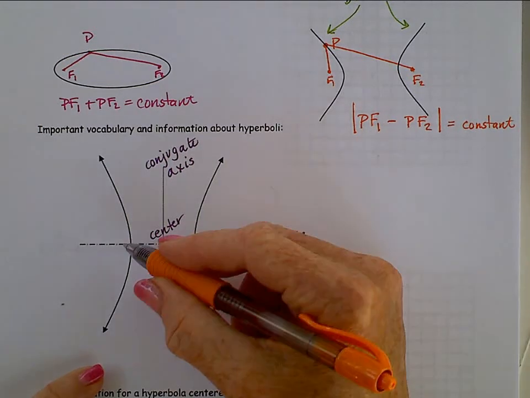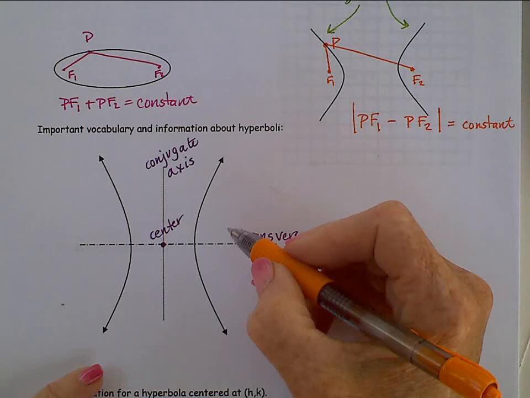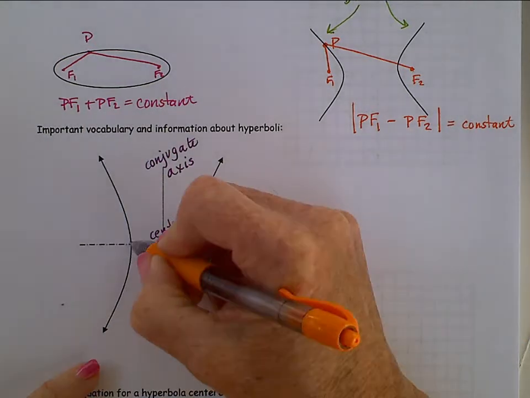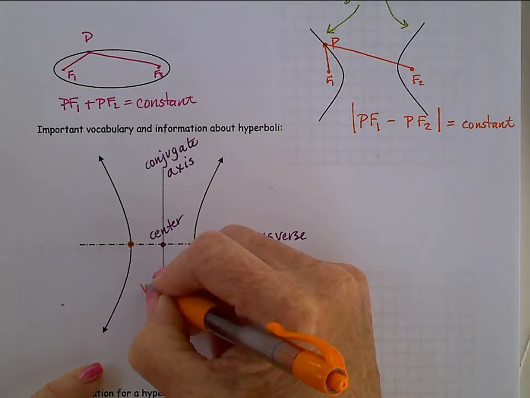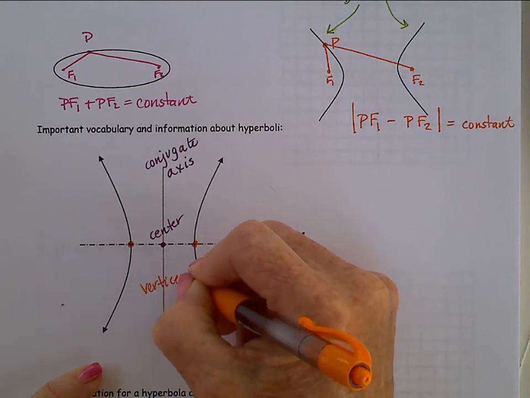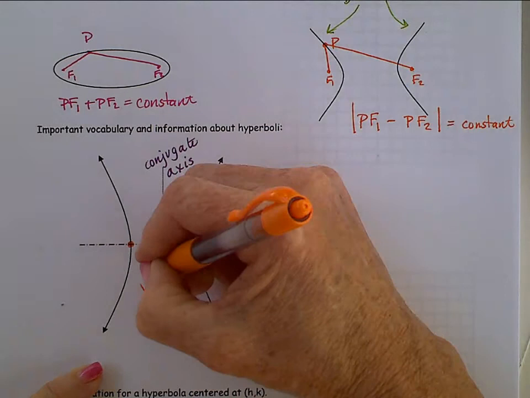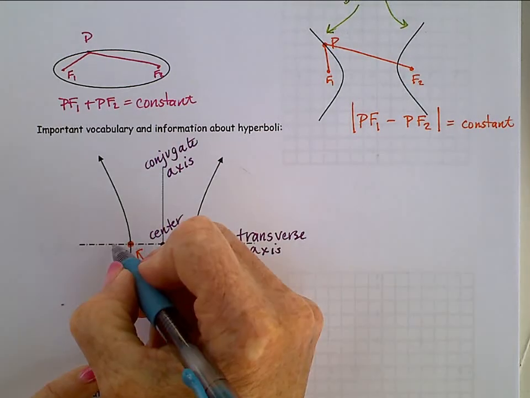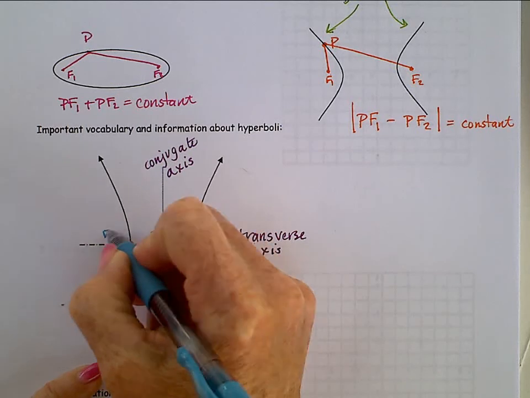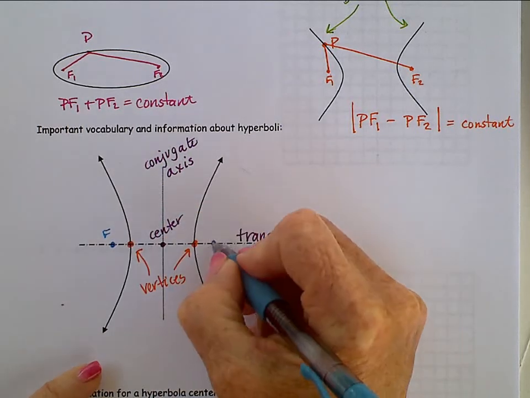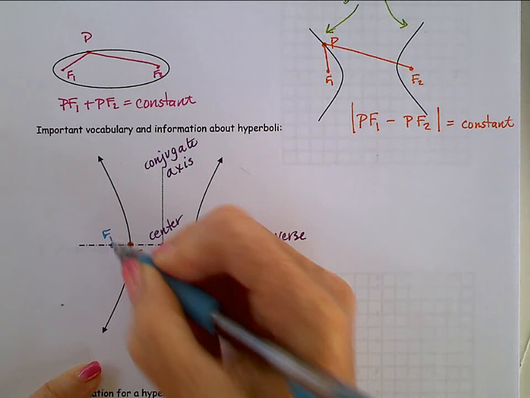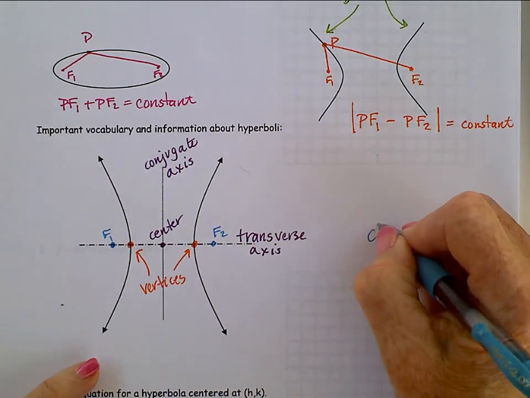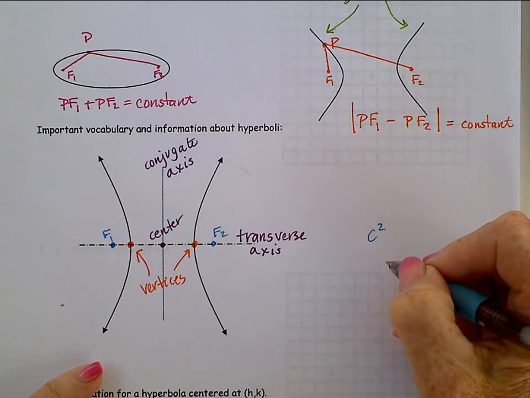Vertices are where the transverse axis intersects the two branches. So here's a vertex. There's a vertex. And the foci are out here. Here's one focus. Here's another focus. Now remember how for an ellipse, c squared was the absolute value of a squared minus b squared?